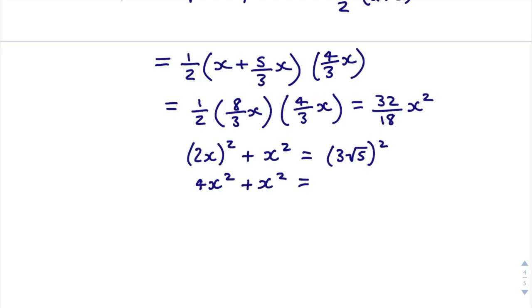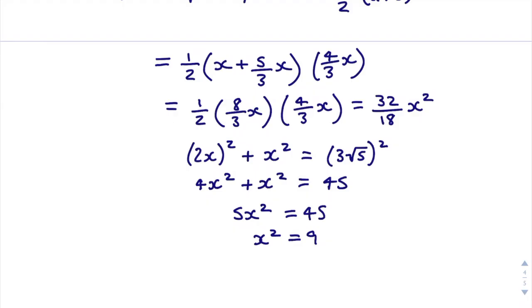Well, that's 3 times 3, which is 9, and then 9 times (√5) all squared is 5, so we're going to have 9 times 5, which is 45. And then we can simplify the left-hand side, we're going to get 5x squared equals 45. Divide both sides by 5, we're going to get x squared equals 9.